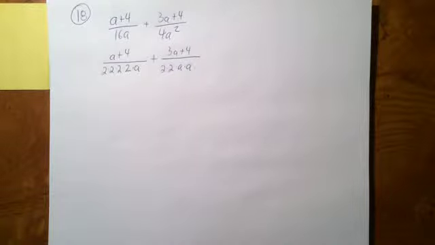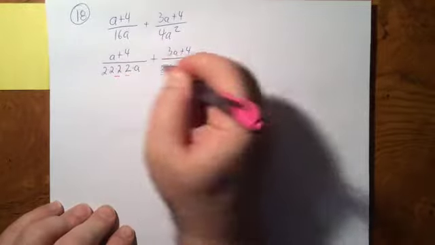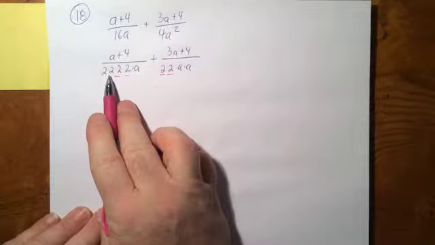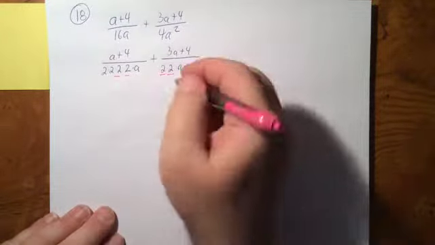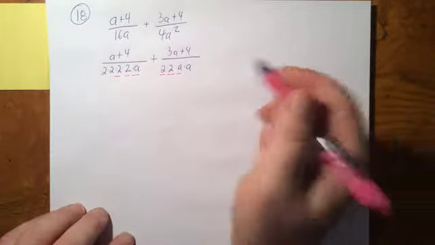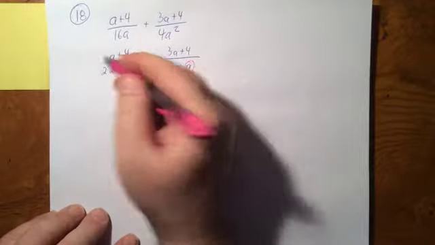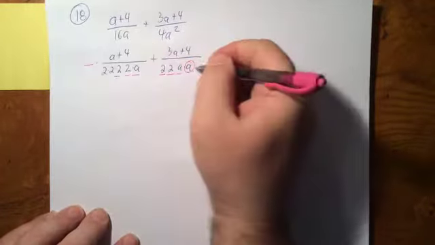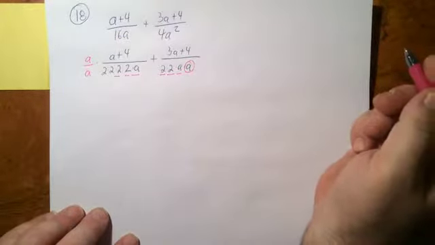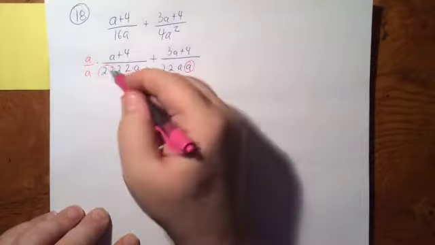So I'm going to take a look again to see what factors I have in common. I could pick these twos. That's fine. And then we have an a here and an a here that's in common. So here I have an a that's a factor that's not here. So I can multiply the top and bottom of this first fraction by a. Here we have a pair of 2's, 2 times 2.